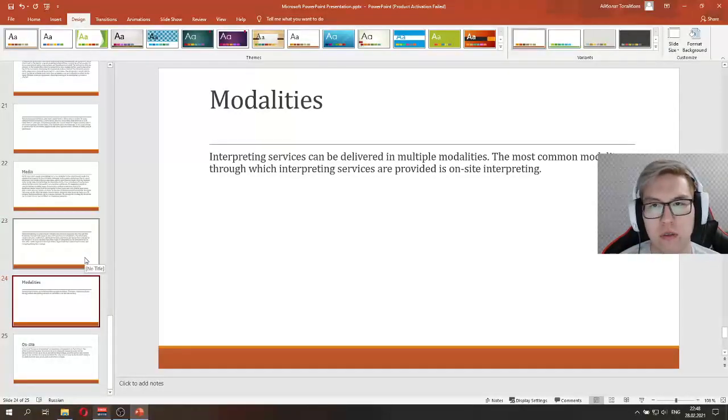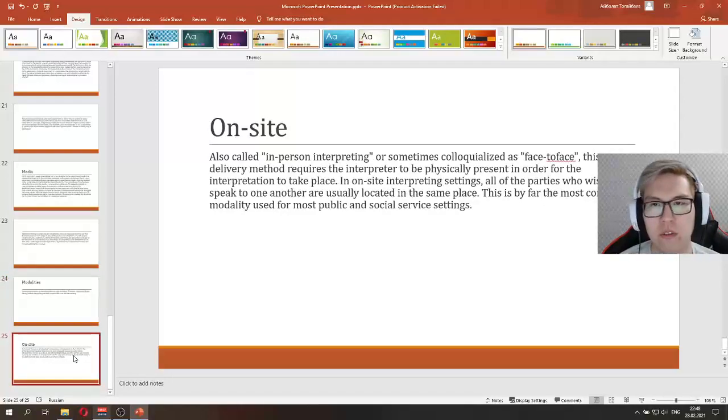Now, modalities of interpreting. Interpreting services can be delivered in multiple modalities. The most common modality through which interpreting services are provided is on-site interpreting. On-site interpreting, also called in-person interpreting, or sometimes colloquialized as face-to-face.